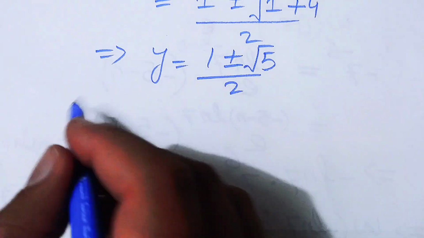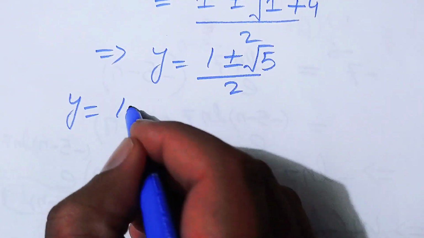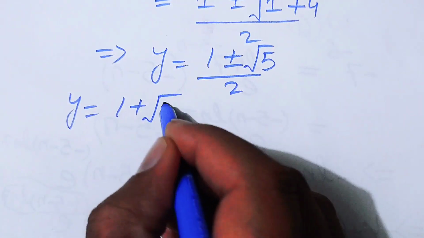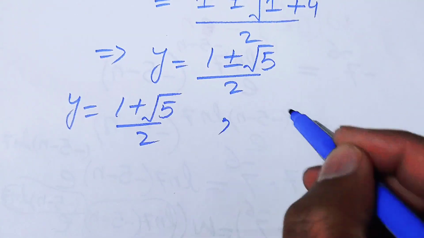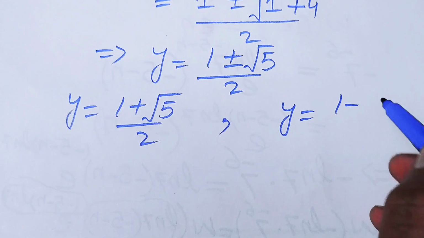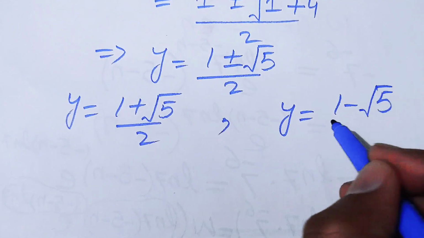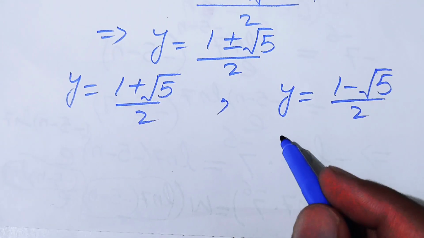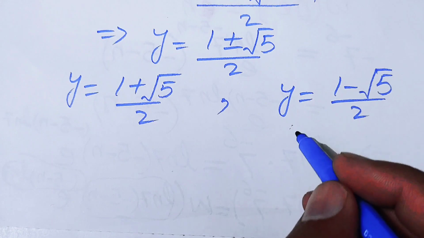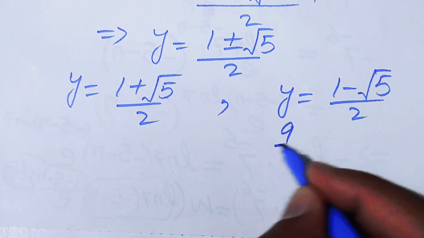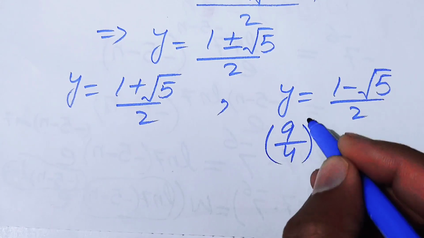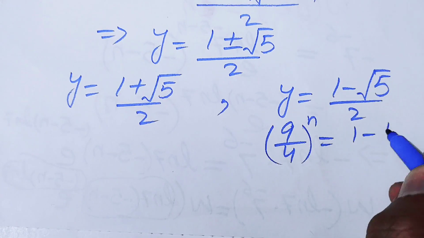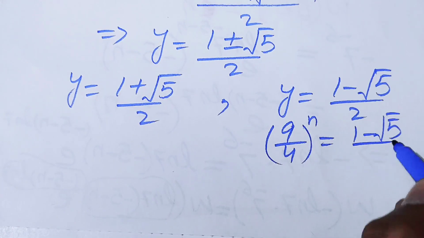The first case is the positive term, and the second case is the negative term, which is 1 minus square root 5 over 2. And now we can put the values of y. In the start of the question we took y is equal to 9 over 4 and its whole power n is equal to 1 minus square root 5 over 2.